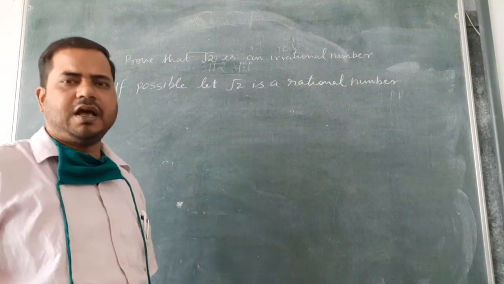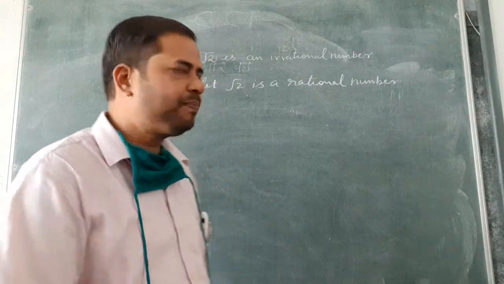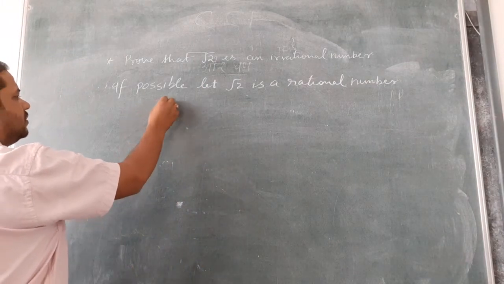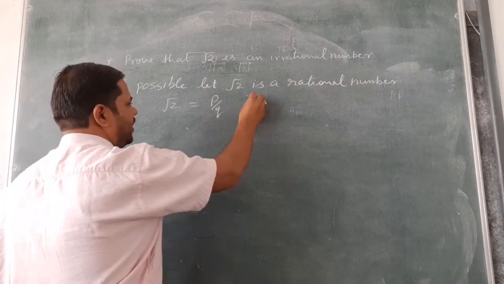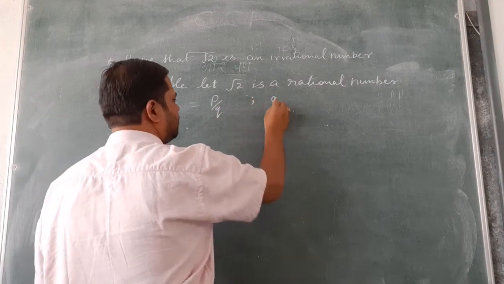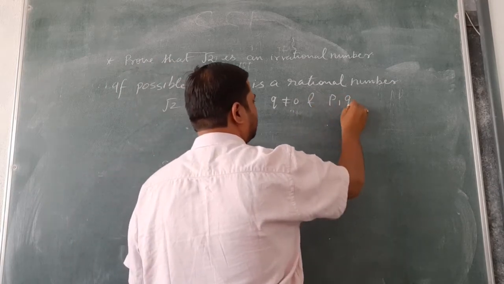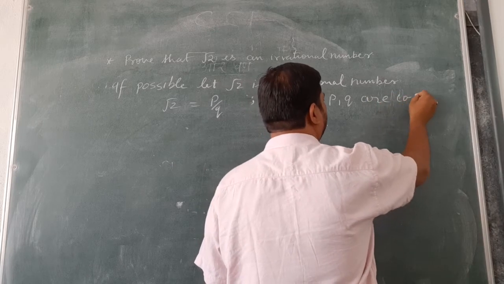If root 2 is a rational number, then root 2 can be written as p by q, where q is not equal to 0 and p and q are co-prime numbers.